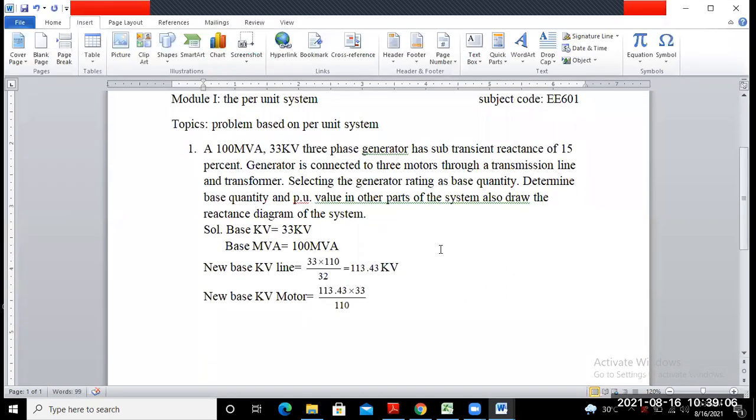Now the per unit reactance of the alternator is given to you in percentage, so that means simply you have to divide by 100, then you will get it in per unit, is it not?